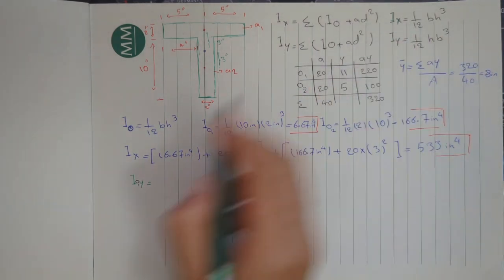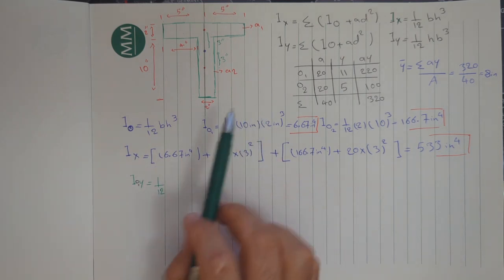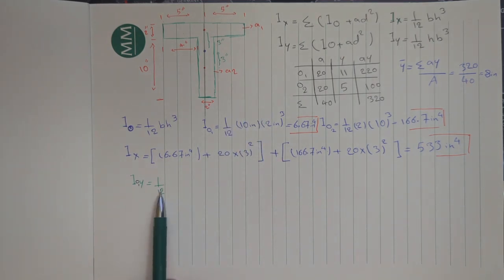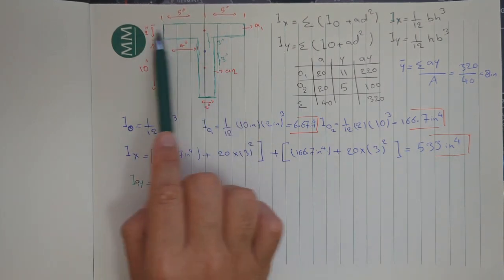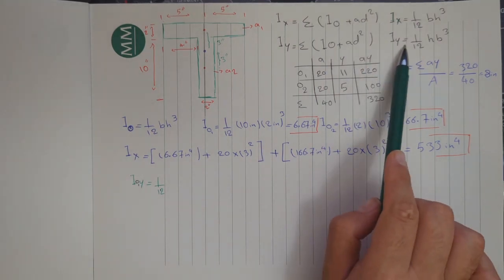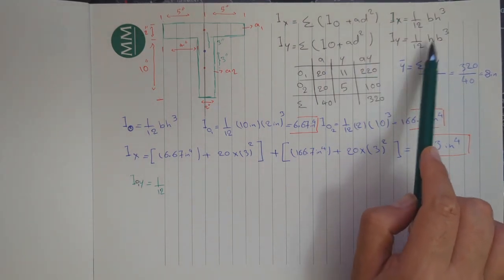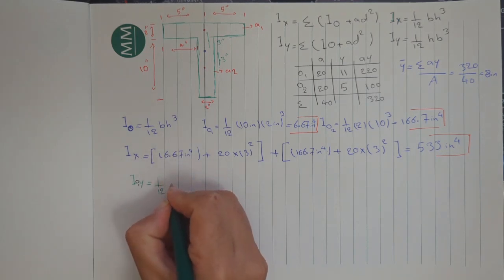So based on our formula, 1/12 of what's object number one's height? 2.